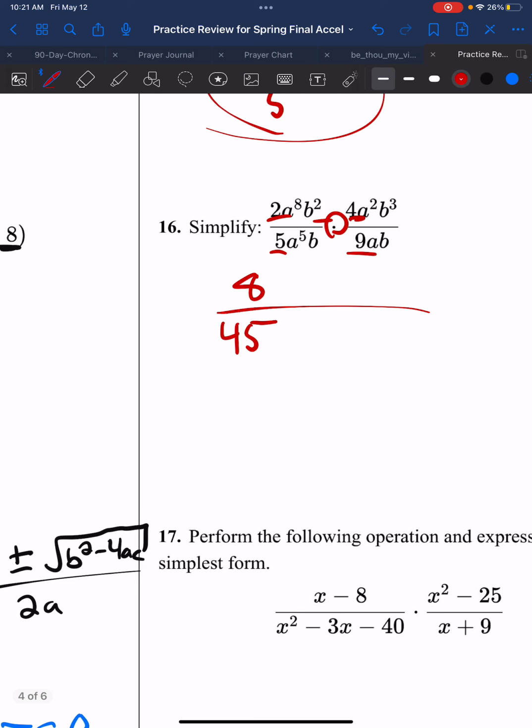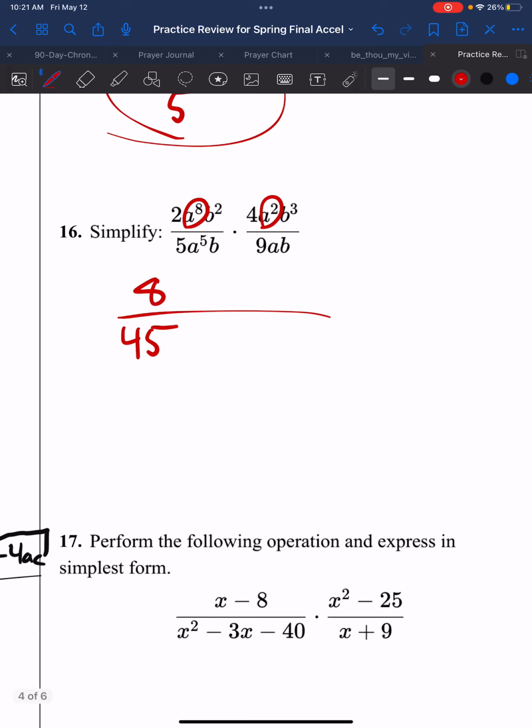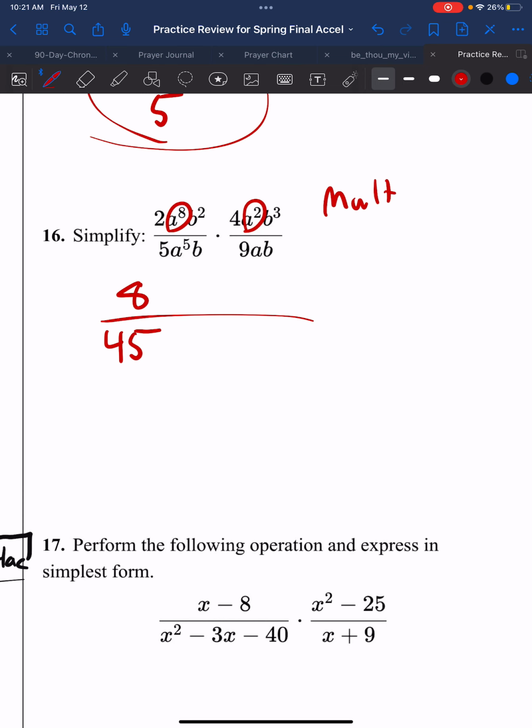And then to do the other part here, we've got to worry about all the variables. We've got a times a here. And remember, when you multiply variables, you add exponents. Okay, x's go with x's, a's with a's, b's with b's, c's with c's, etc. So I've got a to the 8th times a to the 2nd, which gives me a to the 10th.